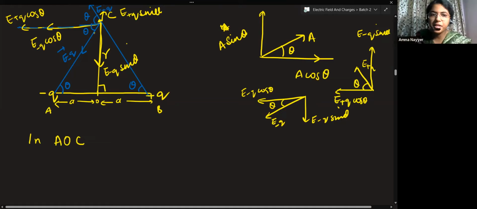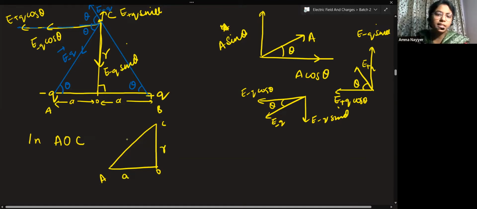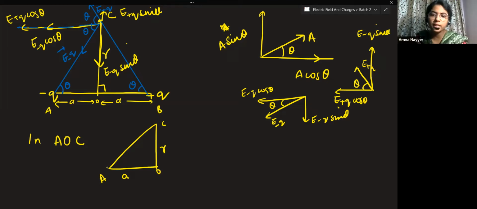We don't know it. If you look at this triangle carefully, this is A, this is O, this is C. This is R, this was A. Is it possible for me to get AC?